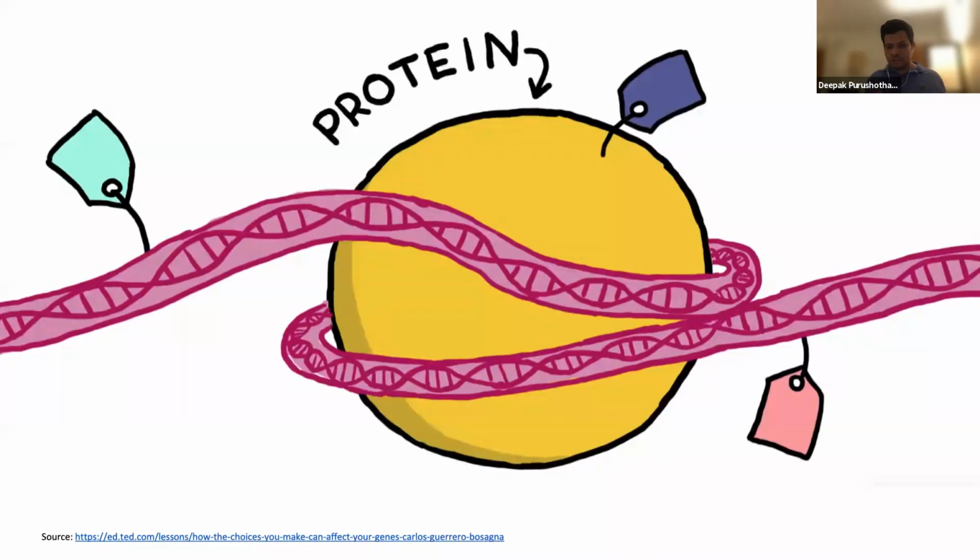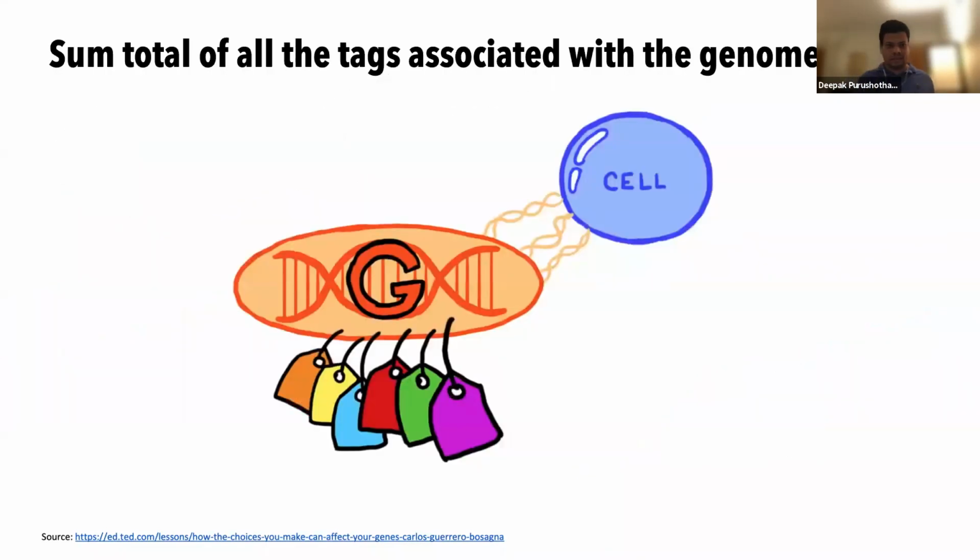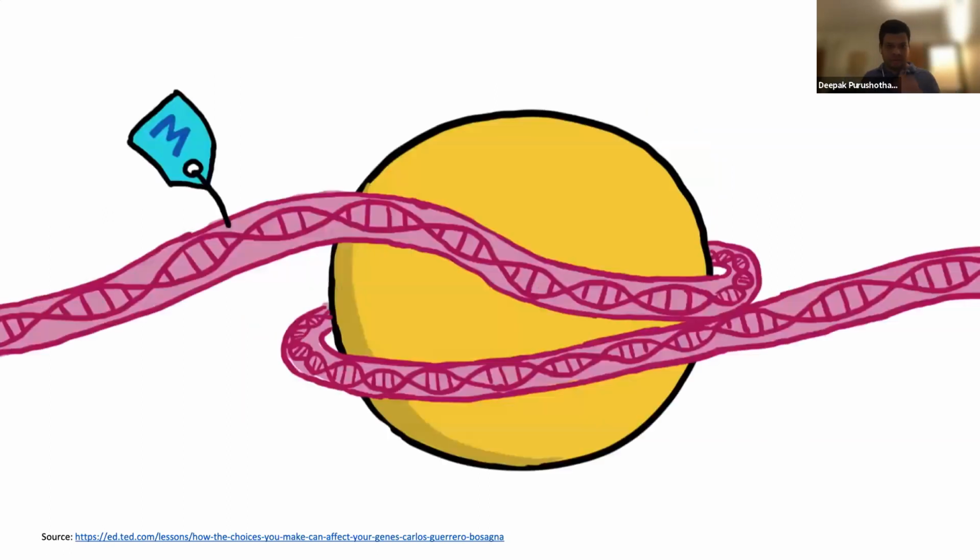You can think of these proteins as undergoing a systematic, ordered coiling and packaging, but then these proteins can get labeled with small chemical tags, and the sum total of all these tags associated with a given cell is called the epigenome.